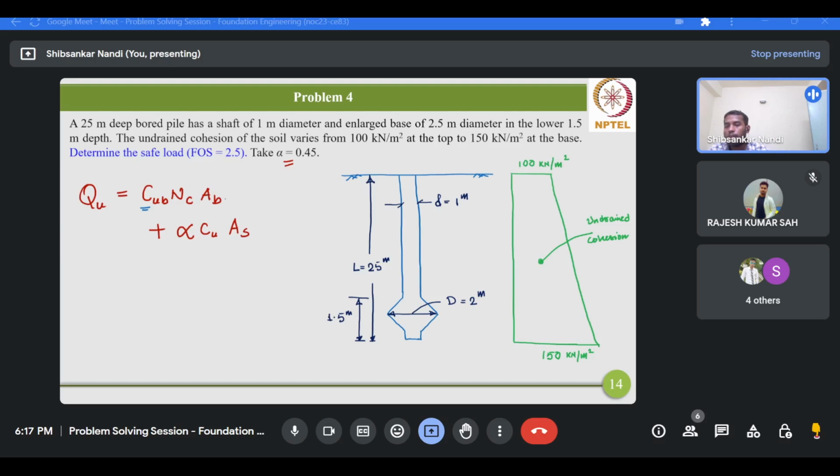Now what is the base area of the pile for this problem? What should be the base area of the pile?